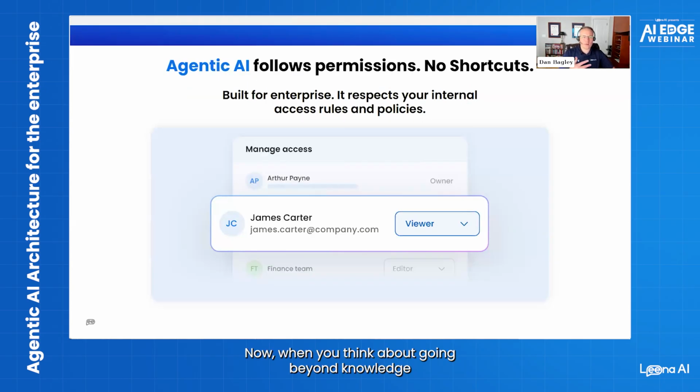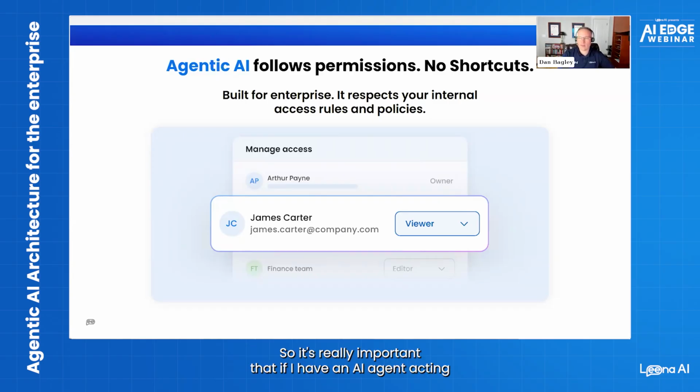Now, when you think about going beyond knowledge and taking agentic action on my behalf inside of the enterprise, permissions are really important there as well. There's always the concern that when you're connecting an AI agent to an external system, and this could be an HR system, IT system, finance, or procurement, that agent could go beyond what a user could leverage.